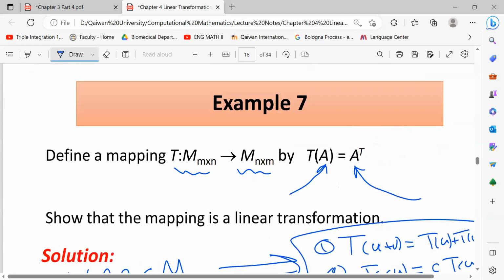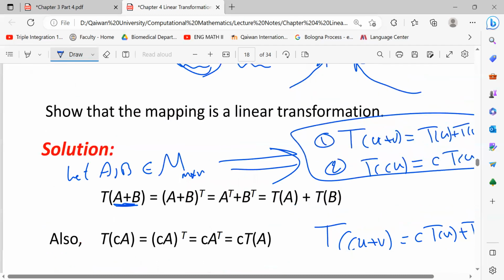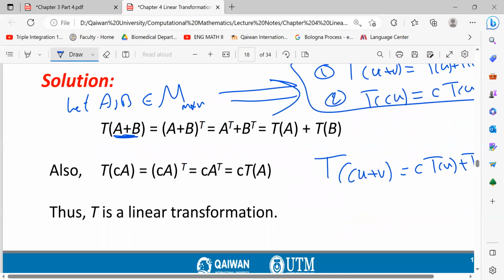Look, we pick vectors here, and we must get the result here. We took A and B as two vectors, so T of their sum is the transpose of their sum. And in the transpose of matrices, if we have the sum of two matrices and then take the transpose, you can take the transpose of each.